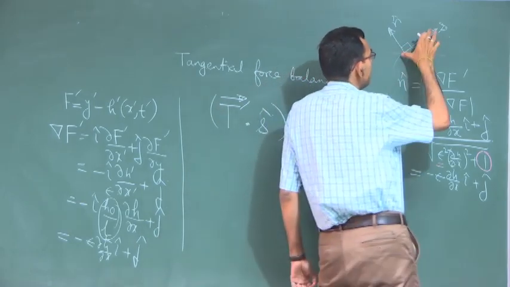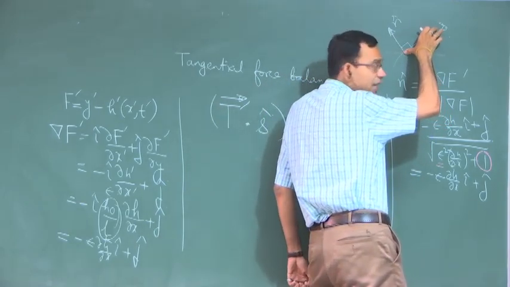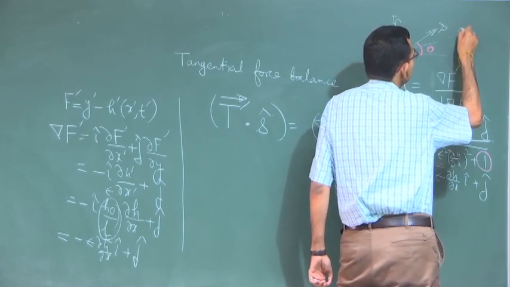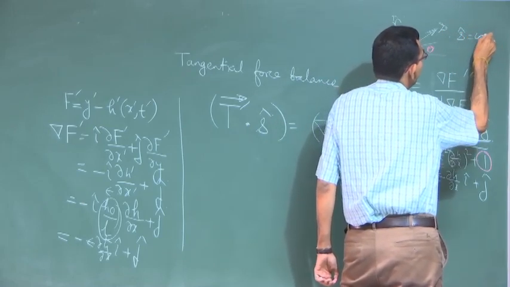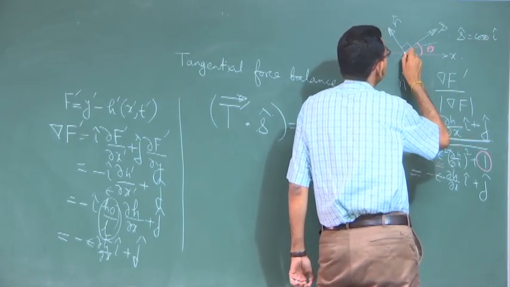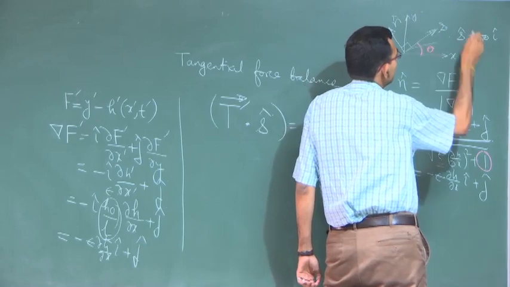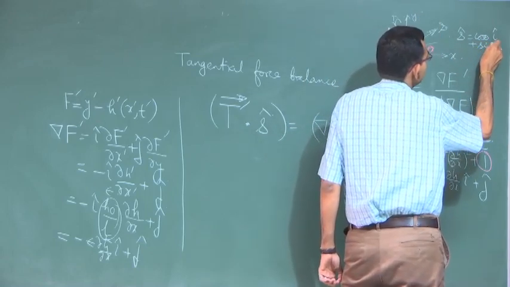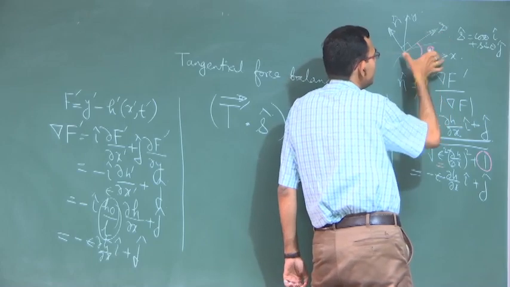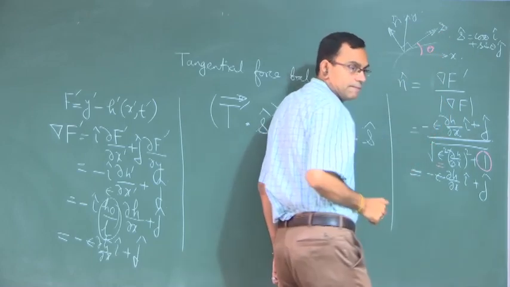Remember s is a unit vector, so its length is 1. So, s you can write as cos theta i cap plus sin theta j cap, resolving this unit vector along x and y.